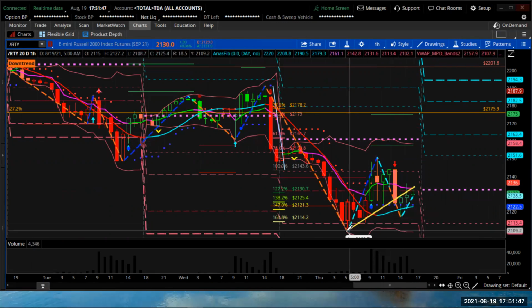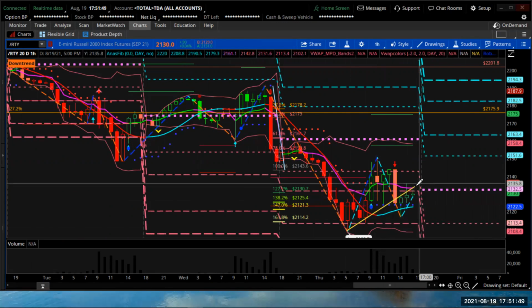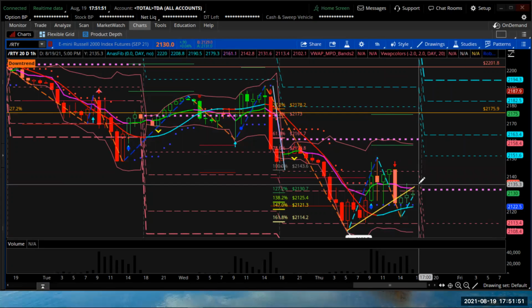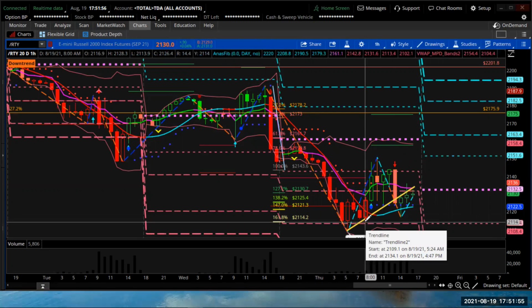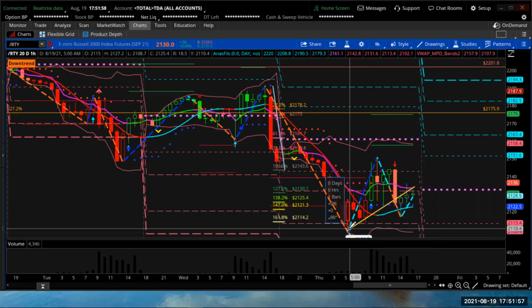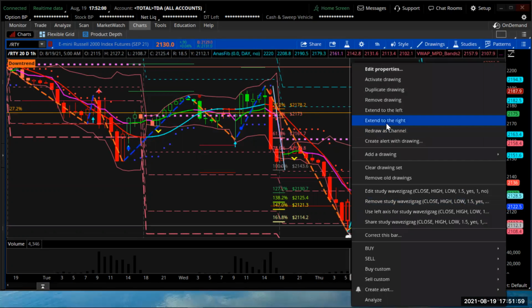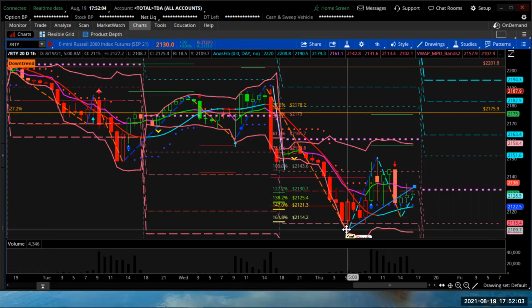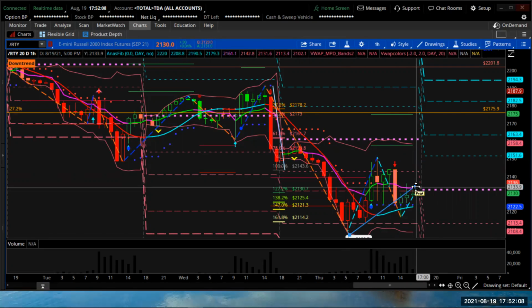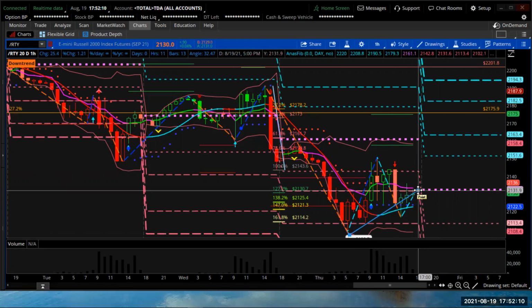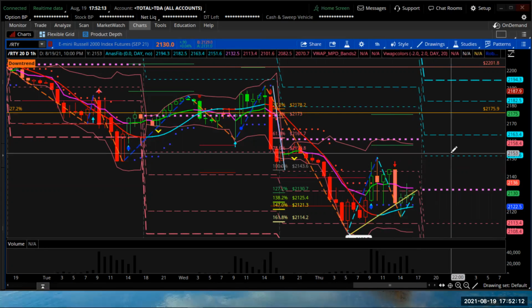So this trend line here, all right, it violated. Okay, that's fine. I can even move that further down towards here. Oh, sorry. Activate drawing. Let me see if I can fix that and change that to here, and have that farther down right there, because that's the low.